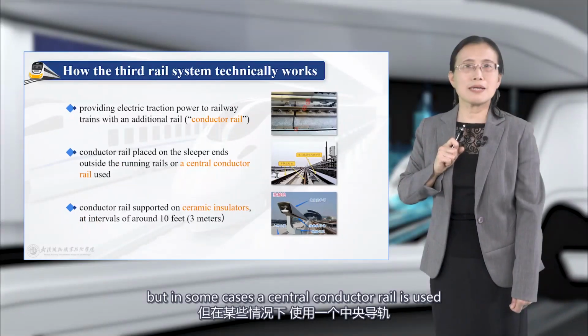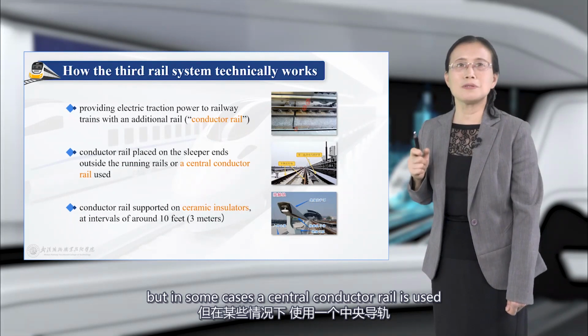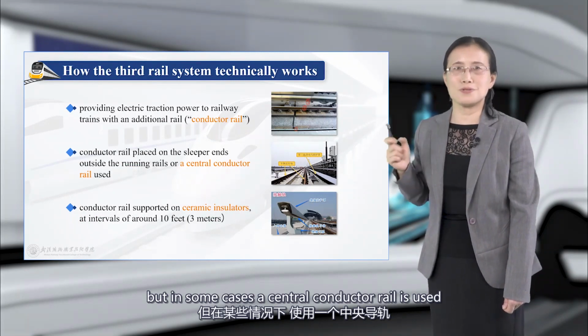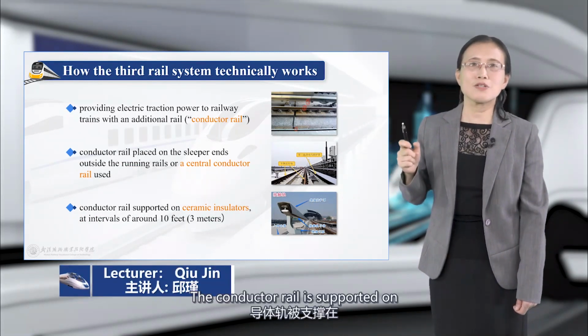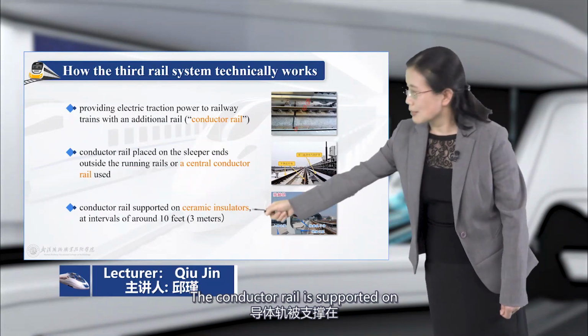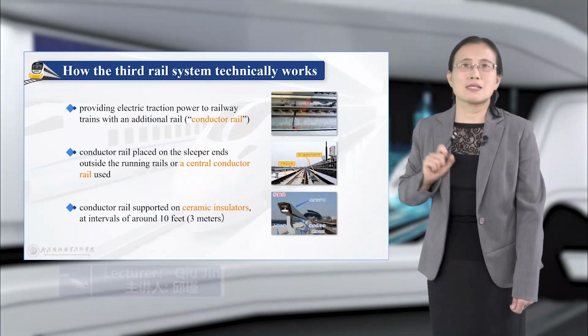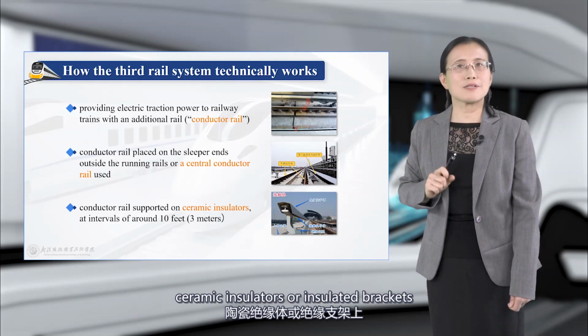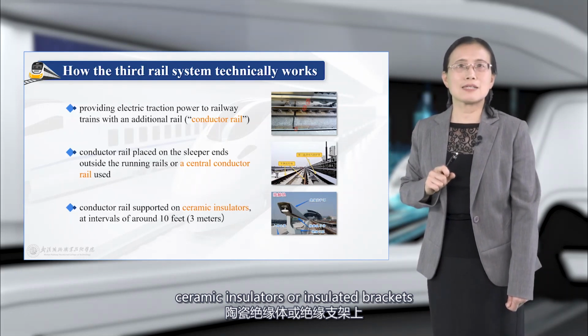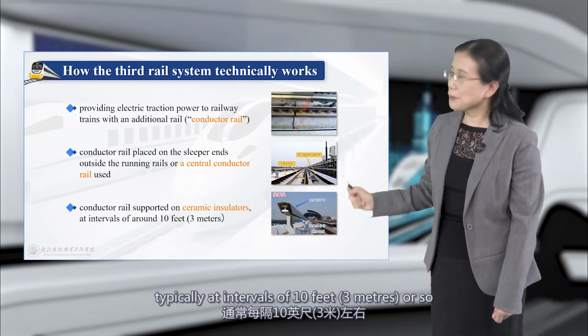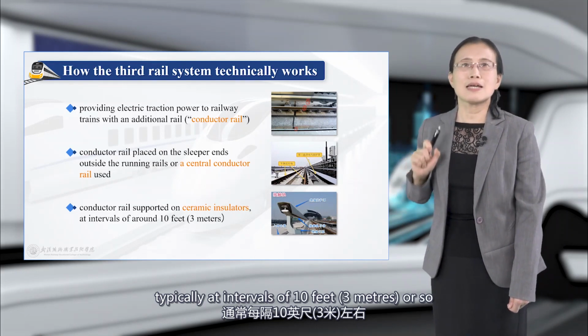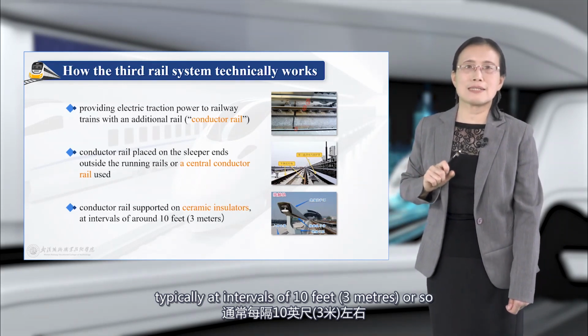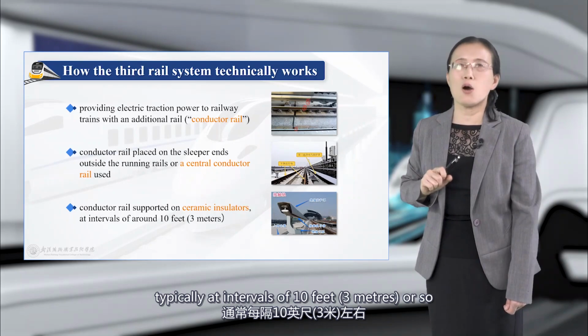But in some cases, a central conductor rail is used. The conductor rail is supported on ceramic insulators or insulated brackets, typically at intervals of 10 feet, that is 3 meters or so.